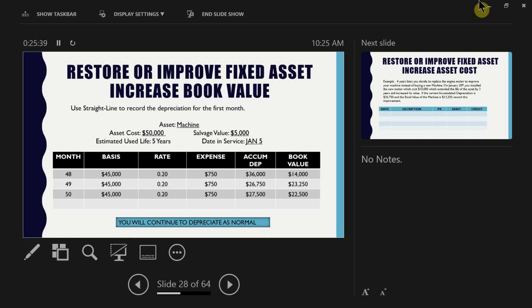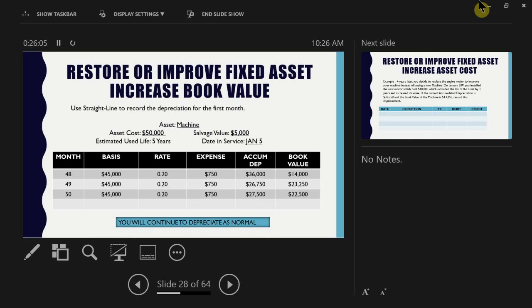Now the estimated useful life, since I only have a year left and I've increased it by another 3, then I just go ahead and continue depreciating just as usual. Right? So I'm going to continue. So the next following month, I'm going to depreciate it for my 50th month. Same depreciation method, same depreciation basis, the same rate, same amount of expense for the month.